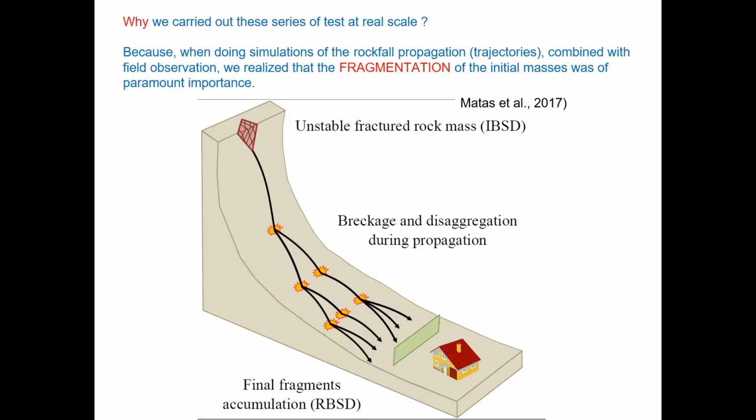Why did we conduct this set of experiments? This is because we were doing simulations of the rockfall propagation, I mean the trajectories, and we combined these simulations with field observations, and we realized that the fragmentation of the initial rock blocks or masses was of paramount importance in order to explain the final result.